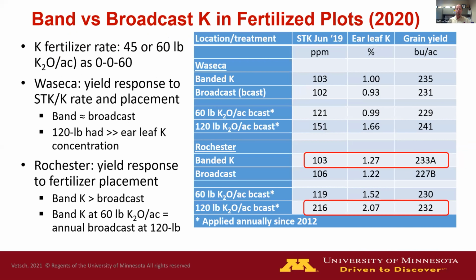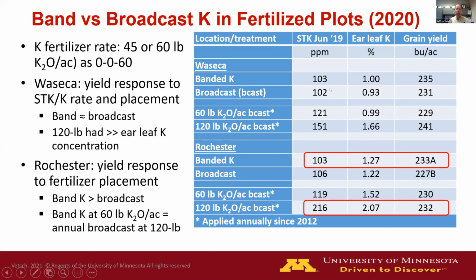So in this table, we're going to look at some responses we saw, and these are on fertilized plots. These plots received fertilizer in 2020, and the first 2 comparisons are band versus broadcast for potassium. It was a set of 4 side-by-side comparisons with a range in soil test. They received either 45 or 60 pounds of K2O per acre. In a factorial ANOVA analysis, the soil test levels in June of 2019 prior to application were very similar.